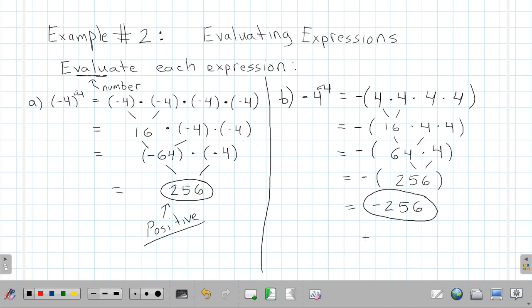So once again, that's the big deal with parentheses. So knowing if you have parentheses or not, that's how much it can change things when you are talking about exponents. So let's go ahead and look at example 3.